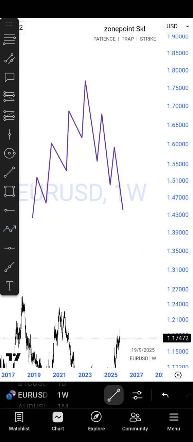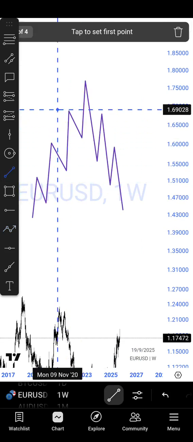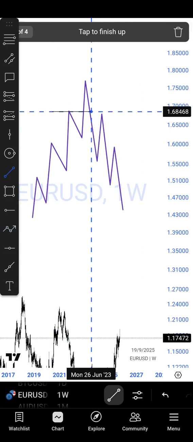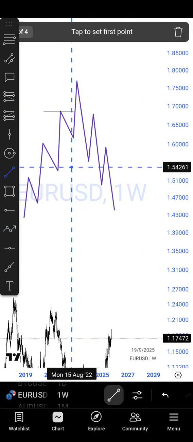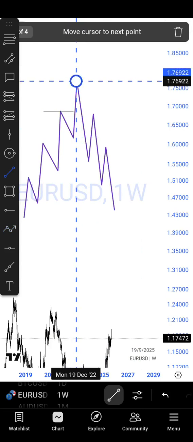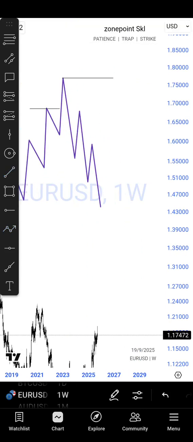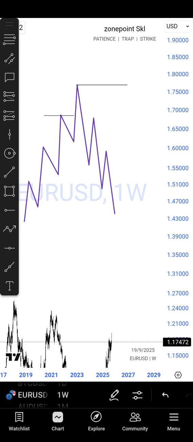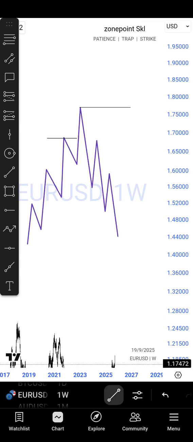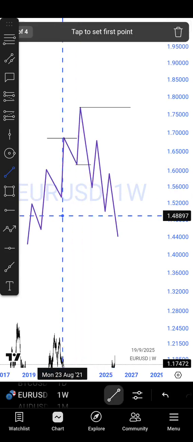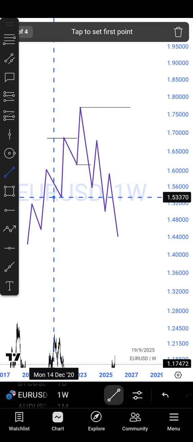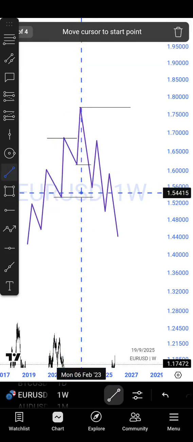The sweep that happened here is a sweep that gives us this new range, and here is a protected high. So price will do what? Take out all this internal liquidity. These are internal liquidity or structural liquidity. Price will take all of them out.